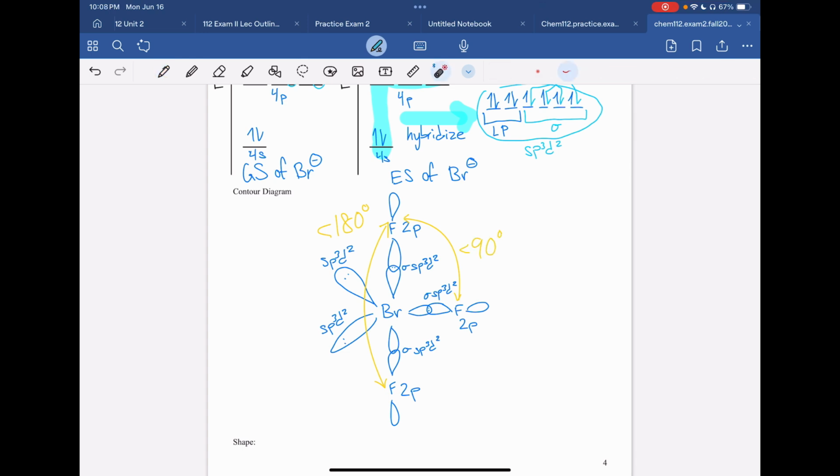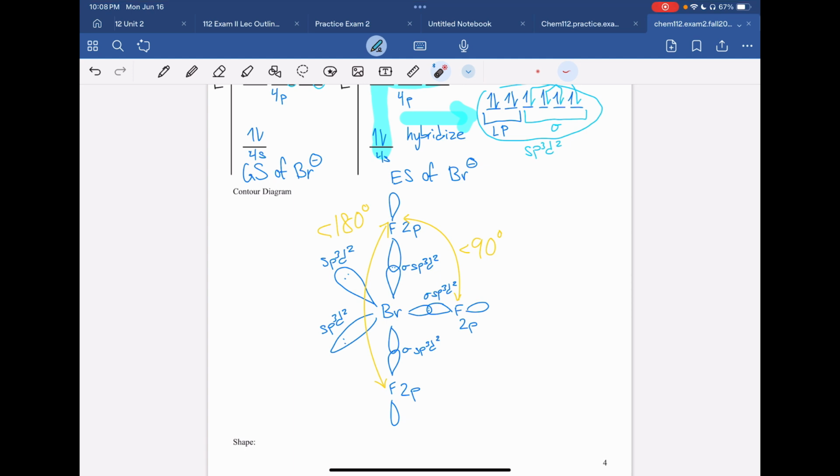Okay, so unlike VSEPR, where essentially it becomes kind of bent, we don't like to do that for contour because it kind of looks just messy.